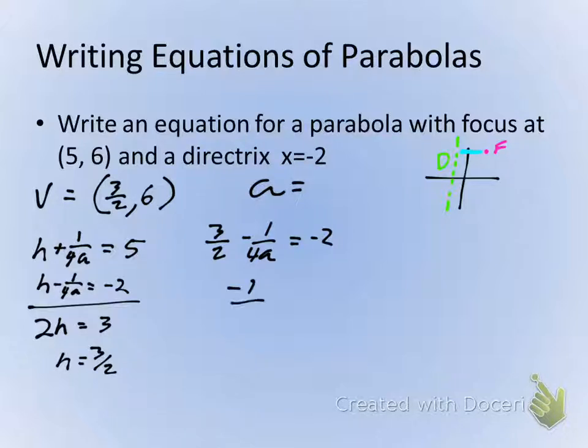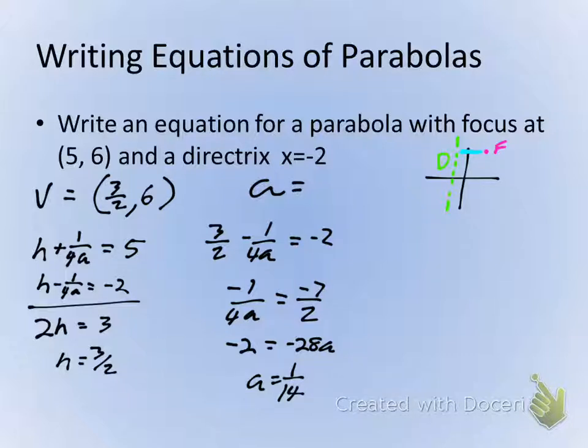Subtract 3 halves, so negative 1 over 4a equals negative 7 halves. Cross multiply, so negative 2 equals negative 28a. So a equals 1/14. You get that?